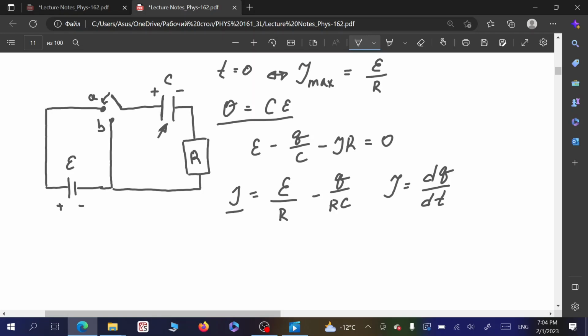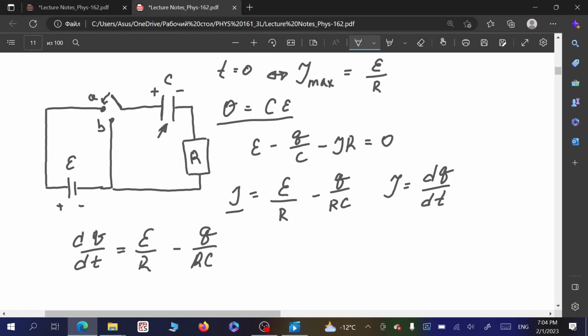Charge per unit time. So now we substitute this derivative instead of I. Here we get epsilon over R minus Q over RC.